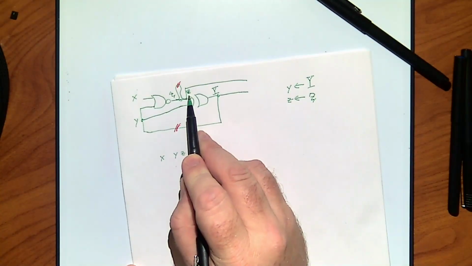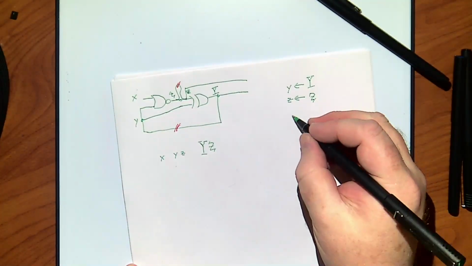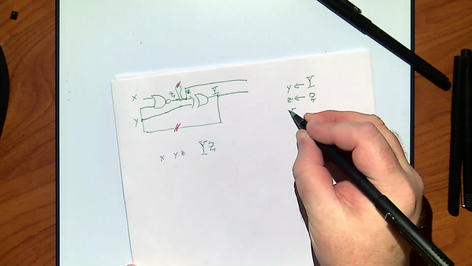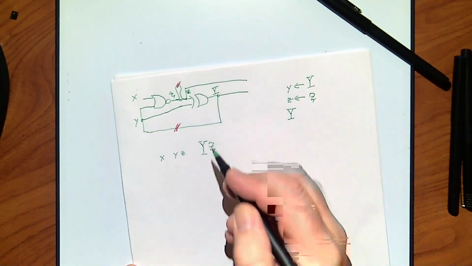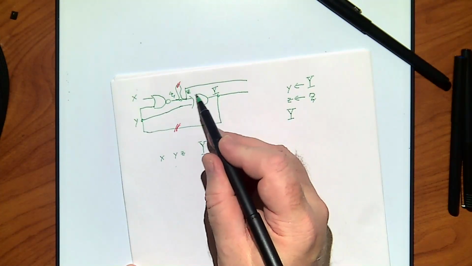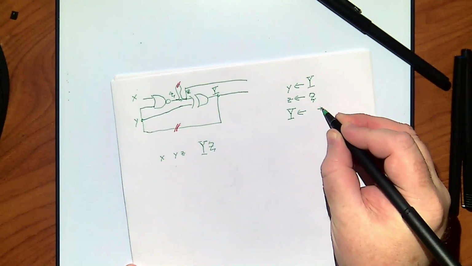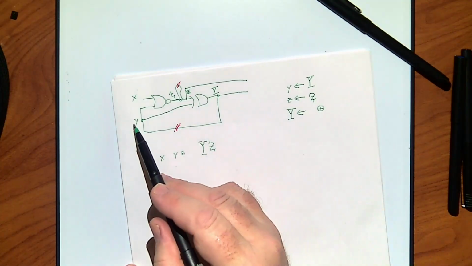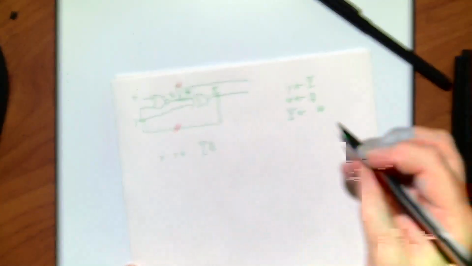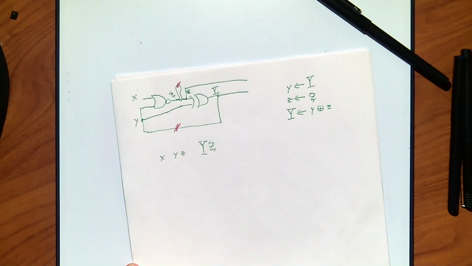Capital Z goes to little z. Now we can also say what is the equation that describes how capital Y gets it. Well, capital Y will change according to this exclusive OR gate, and it's going to be little y, little z. Fair?